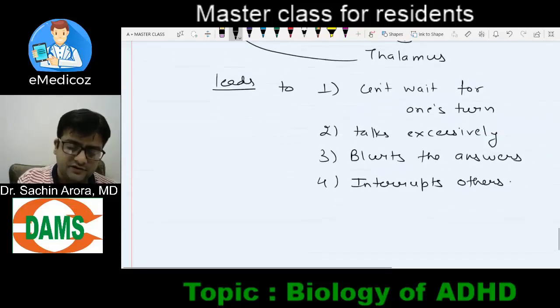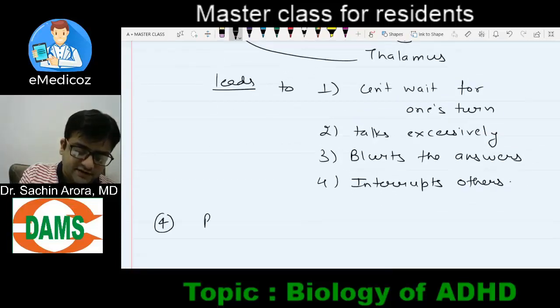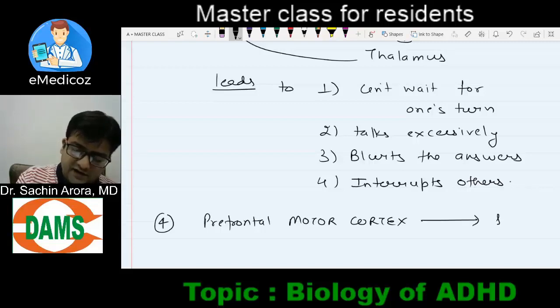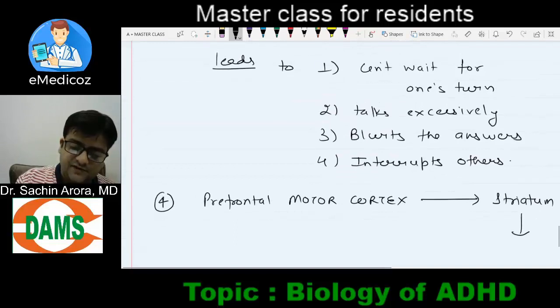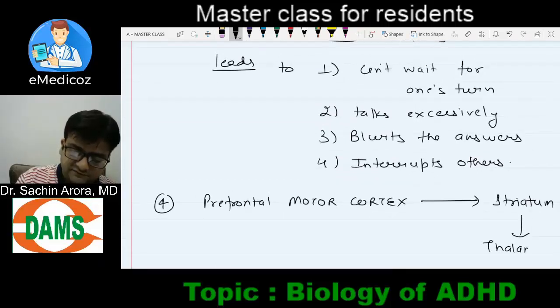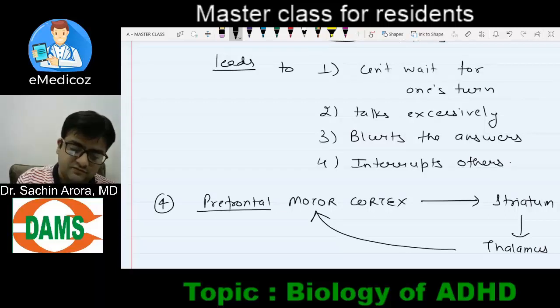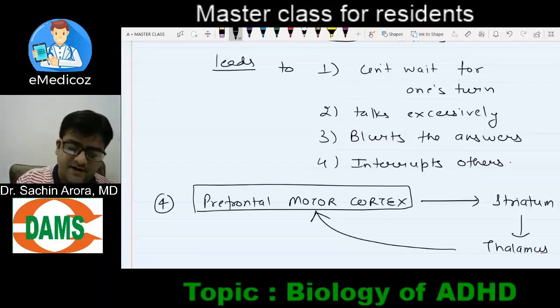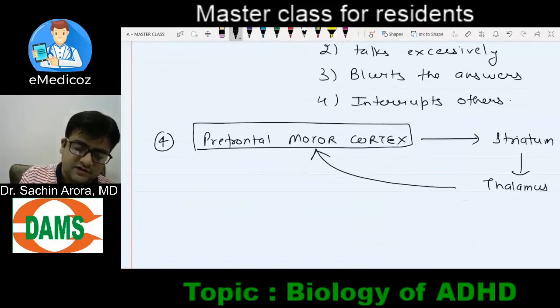The fourth of these is the prefrontal motor cortex. Again, from there to the striatum, from there to the thalamus, and from there back to the prefrontal motor cortex.